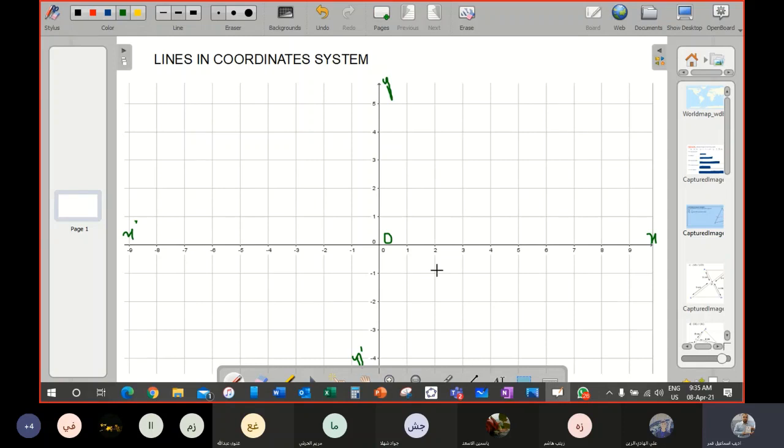As you can see here, the direction to the right is the positive, and here we have an arrow which indicates the direction of the positive, and here we have an arrow which indicates also the direction of the positive side. So this is the coordinate system. It consists of two axes, x prime or x, and y prime or y. They are perpendicular to each other.